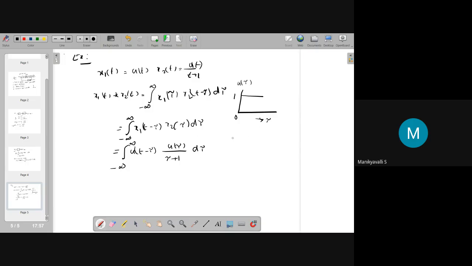Now u of t minus tau starts at tau is equal to t, and it is different for all negative values of tau.